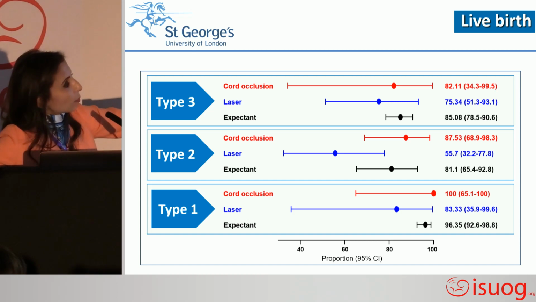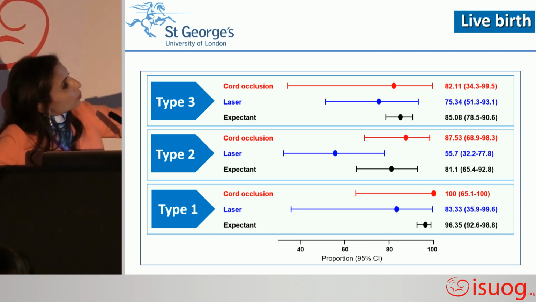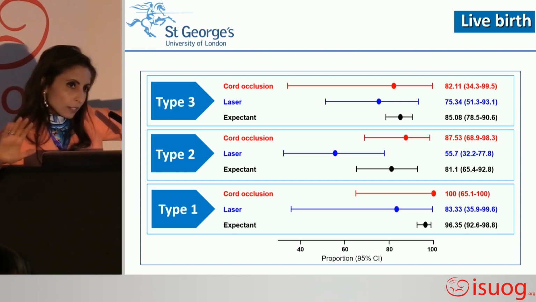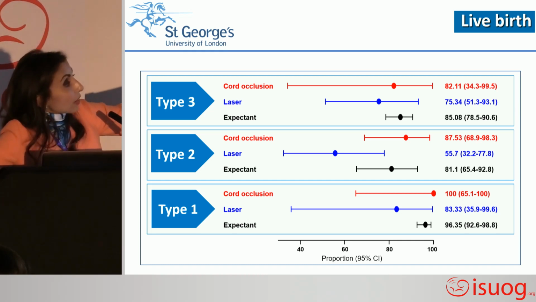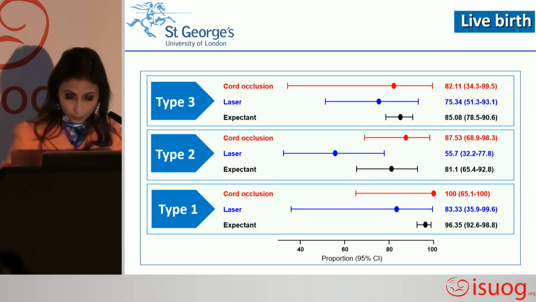Live births in type 1 are high with expectant management, which is good. In type 2, you tend to have higher live births with expectant management and cord occlusion. But remember, cord occlusion means you're already removing one baby, and laser has a lower live birth rate, according to this data, in type 2 or even type 3.